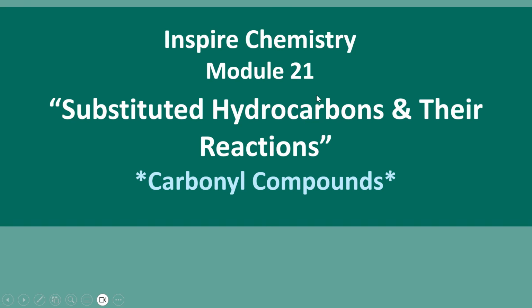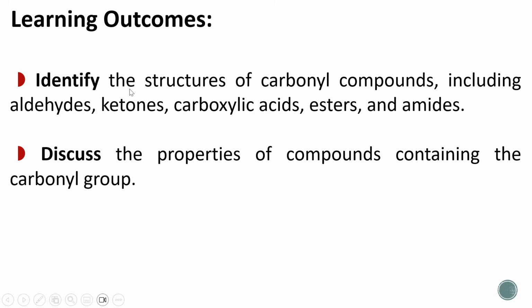So we are still in the chapter of substituted hydrocarbons and their reactions, and we'll go to lesson 3, which is called carbonyl compounds. So في هذا الدرس إن شاء الله, what we want to do, we want to identify the structures of carbonyl compounds. ولما نتكلم على carbonyls أو الكربونيل جروب اللي تكلمنا عليها من قبل في الدرس الأول, نقصد فيها الكربون أكسجين bonded with a double bond.